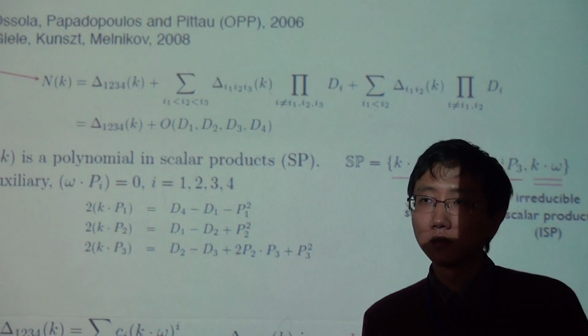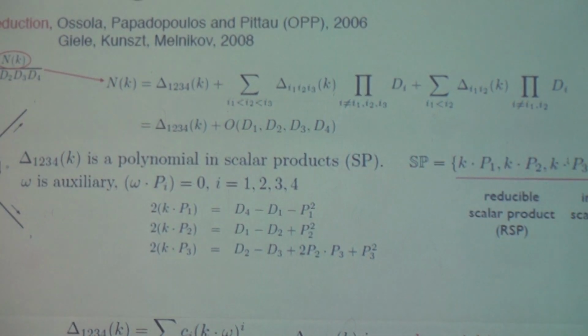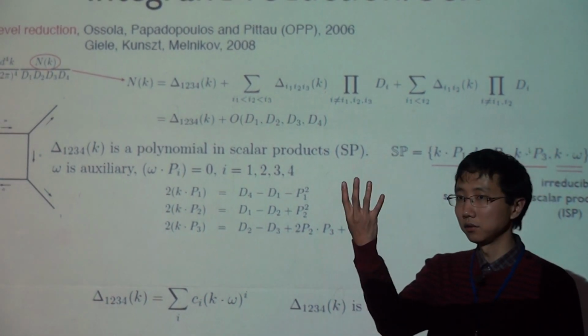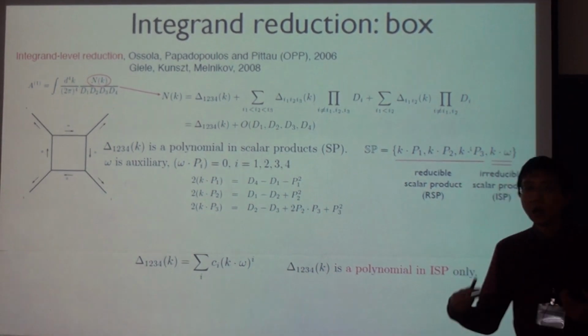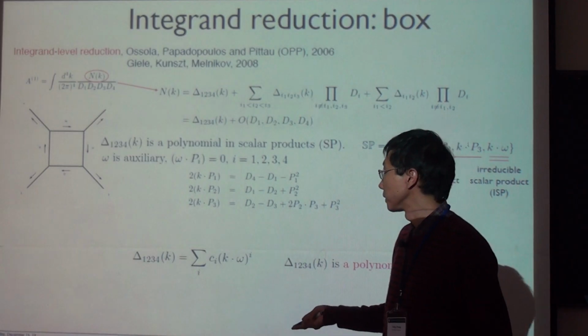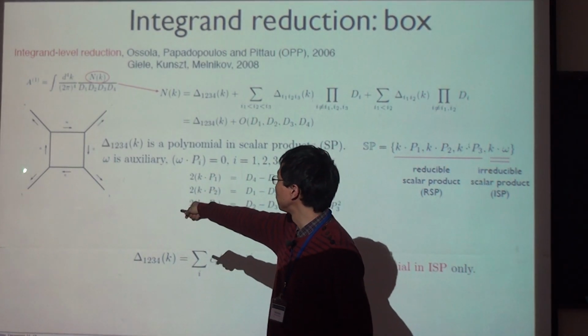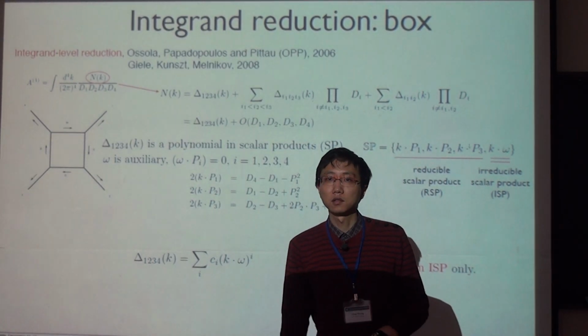Then in practice, the question is how to get this kind of separation. It's quite easy for one loop. Because for one loop, suppose you consider 4D, then this k can contain only 4 components. You can use the space-time basis like p1, p2, and p3, not using p4 because p4 is linearly dependent.